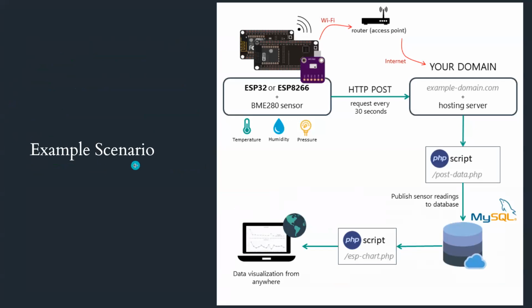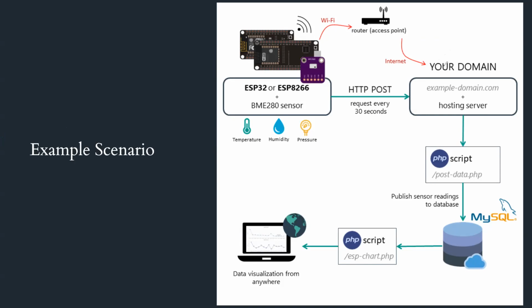So let's consider an example scenario where we are using the HTTP protocol to update temperature and other sensor data into a website, right? First we need to connect our ESP32 or our embedded system to the Wi-Fi router. We need to connect with the router, and then the router needs to connect to the internet, right?